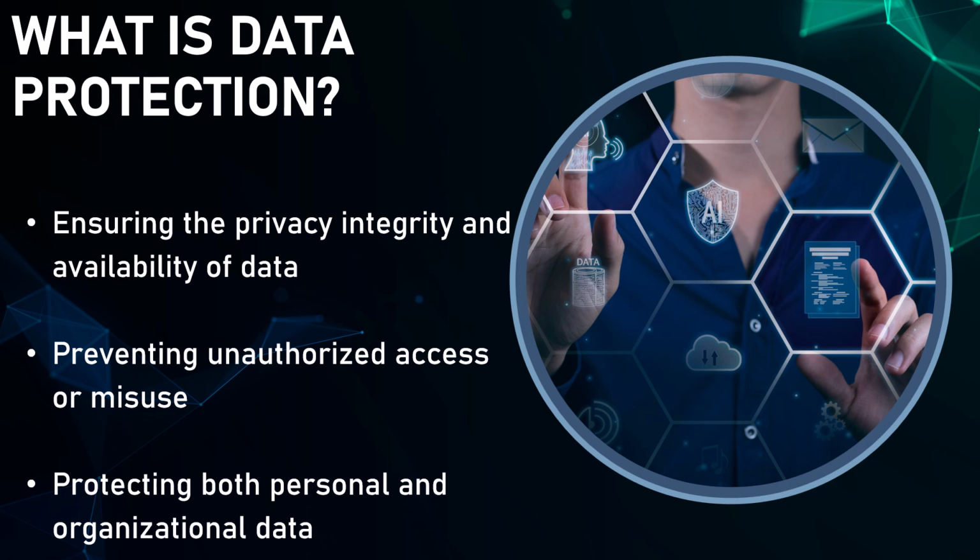For example, a name can identify you as a natural person. An email address, an IP address, your car's registration number. All these are information relating to you as a person, as an identifiable person, and we normally call you in this context a data subject. So that is data. And then we have protection.